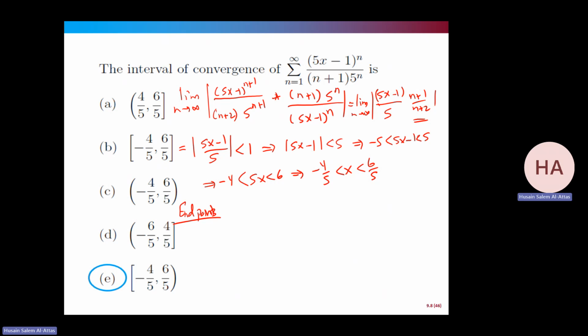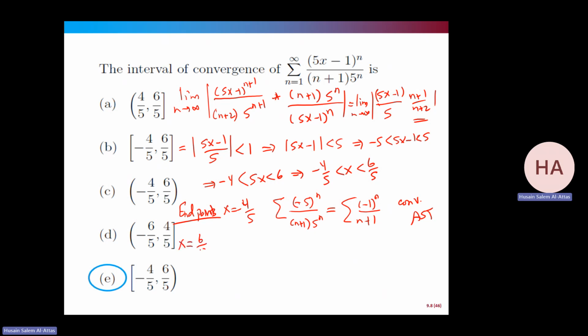Now check the endpoints. I need the interval here, so I don't care about that. For x equals minus 4 over 5, the series is (minus 4 minus 1), minus 5 to the power n over (n plus 1) 5 to the power n, and that will be minus 1 to the power n over n plus 1. The 5 to the power n cancels with the one in the denominator. That will converge by the alternating series test. Very clear.